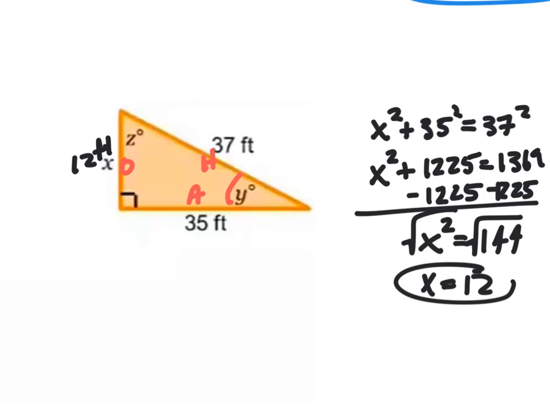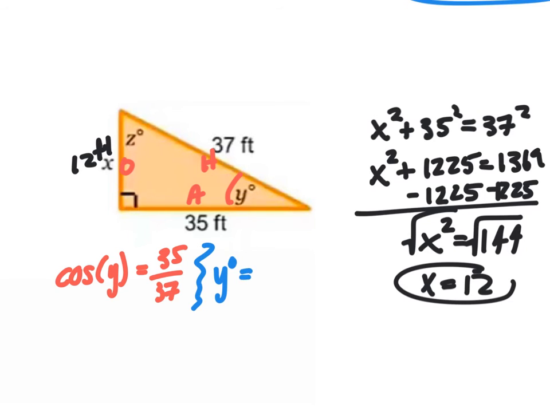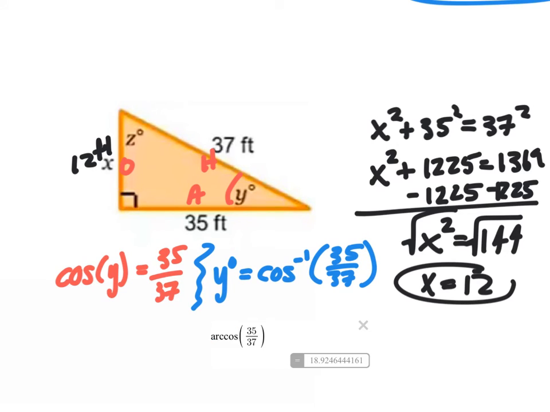And I'm going to say, if I do cosine of y, that's going to equal 35 divided by 37. Now, in order to get y by itself, I need to do an inverse. So I would say that y degrees is equal to cosine inverse of 35 divided by 37. And so if I plug that in the calculator, I'm going to get this.